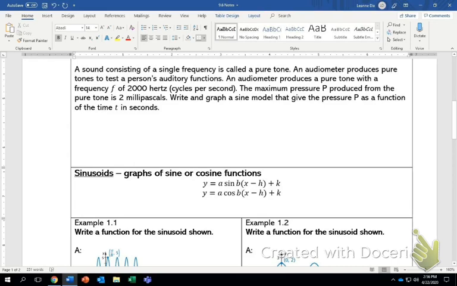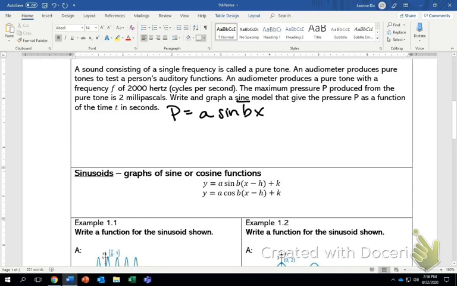So my basic sine model is P equals A times sine of bx. I know it's going to be this format because I have an amplitude to deal with, and I have a period, because every single sine and cosine function has a period, and particularly a period of 2 pi.